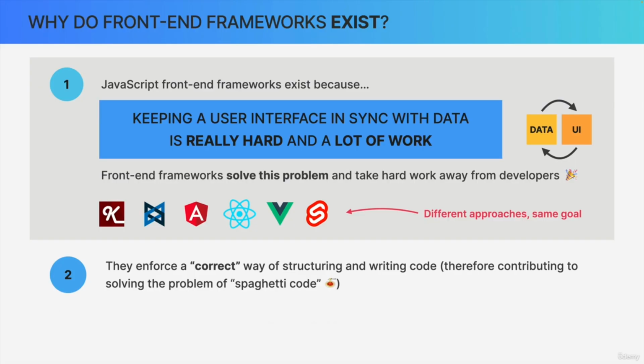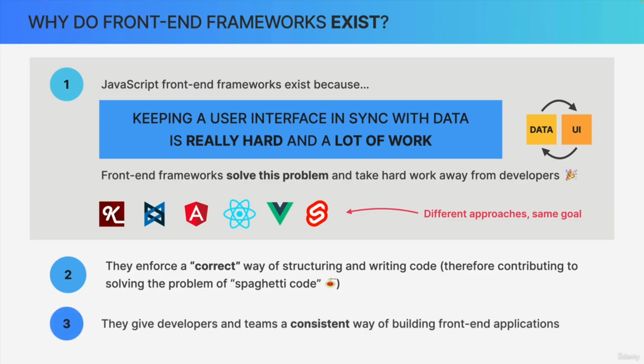Finally, frameworks give developers, and especially teams, a consistent way of building web applications. This way, everyone on the team will build their part of the app in the exact same style as everyone else, which will, in the end, create a more consistent codebase and product. And there you go. This is why modern web development is all about JavaScript frameworks.